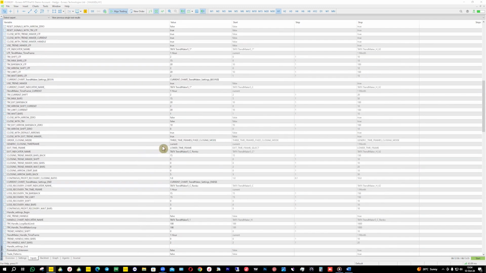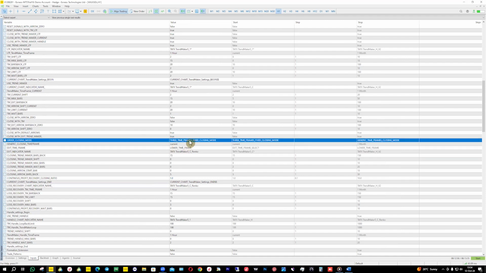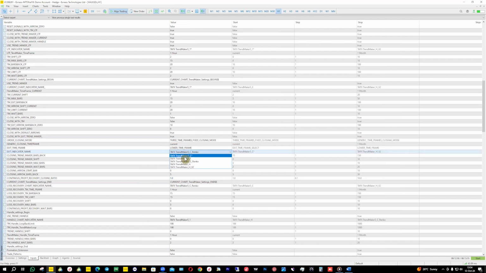Now the second thing you are going to do, we are going to change our exit arrow at this point. From now, we want to hold for more profit. The reason why we are going to change from Renko to TradeMaker 5-1 is because of the distance. Okay, we'll cover that later.